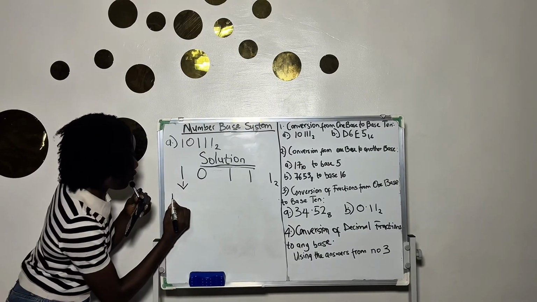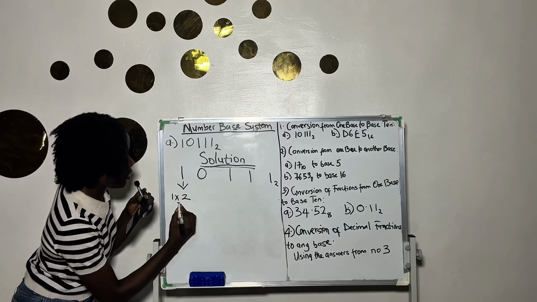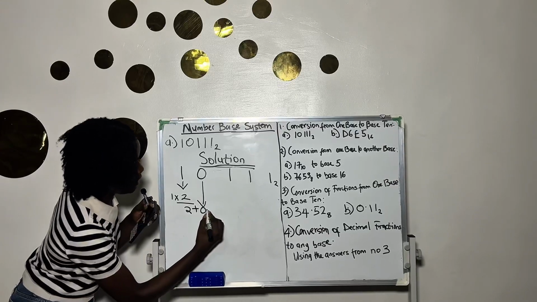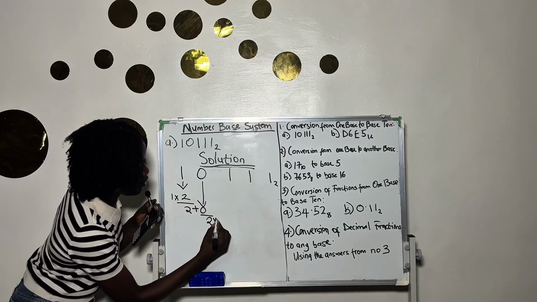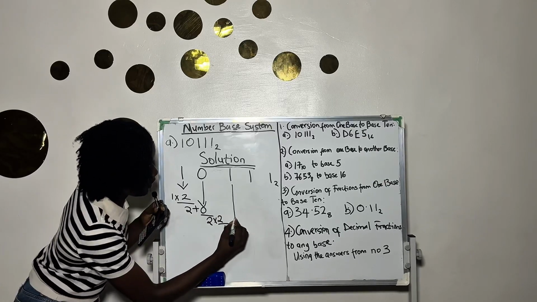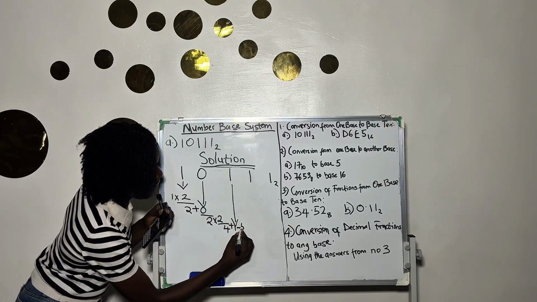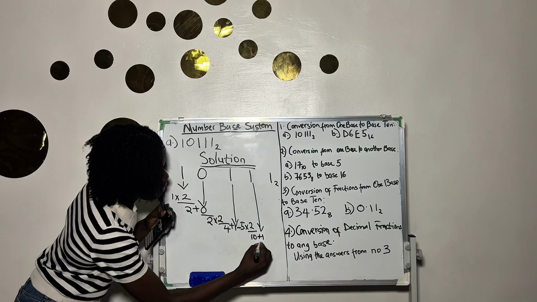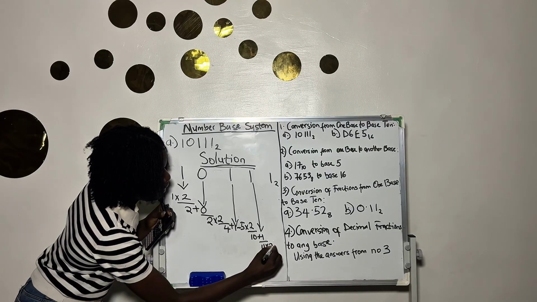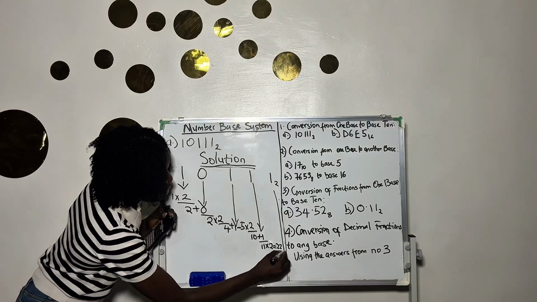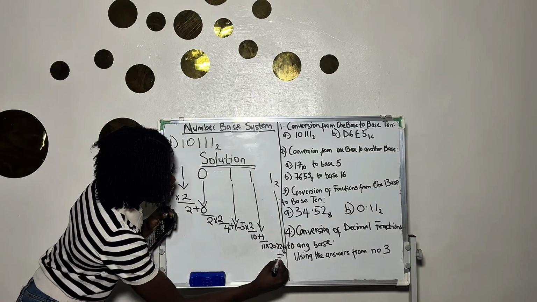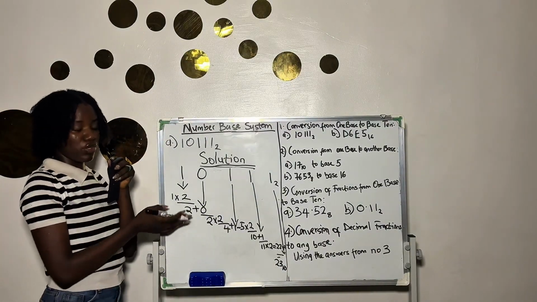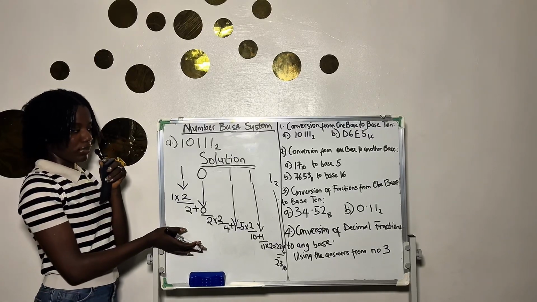Start with this. 1 times the base, which is 2, will give us what? 2. 2 plus 0 is what? 2. 2 times 2 will give us what? 4. 4 plus 1 is equal to what? 5. 5 times 2 will give us what? 10. 10 plus 1 is equal to what? 11. 11 times 2 will give us 22. 22 plus 1 is equal to what? 23 base 10. This is the alternative method. If you don't want to do the previous way, you can also do this way, any one you prefer.